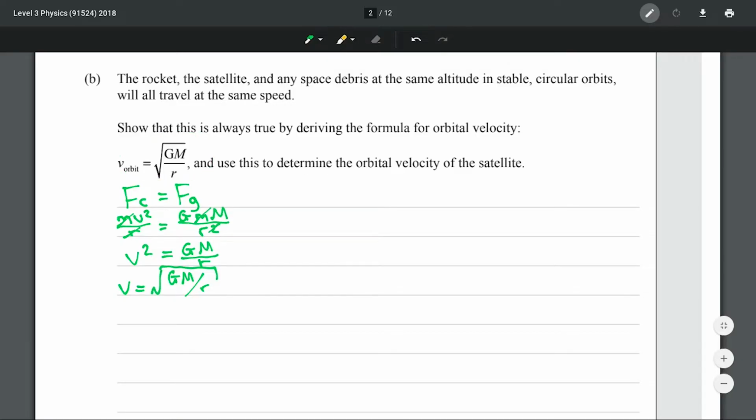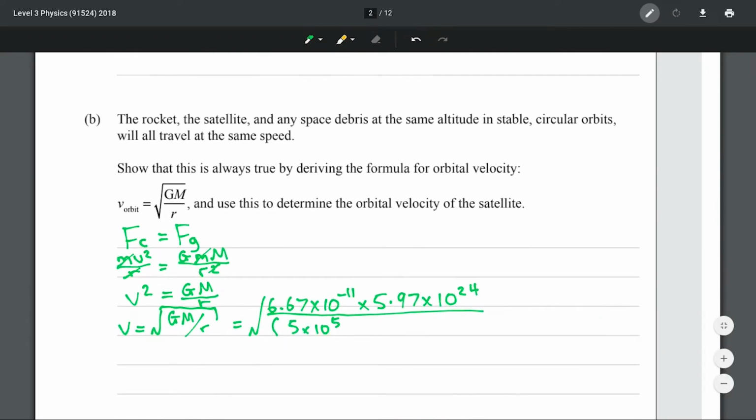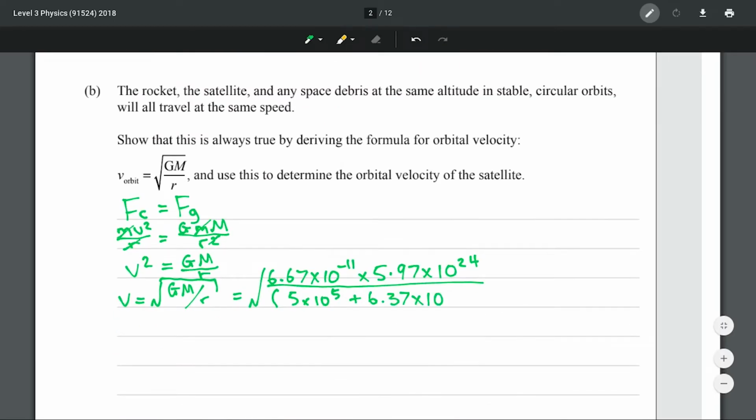So now, given that we know the big M, which is the mass of the Earth, and we know the radius, which is the radius of the Earth plus the orbit, we can now just plug those numbers in. Which gives me 7,610 meters per second to 3 significant figures.